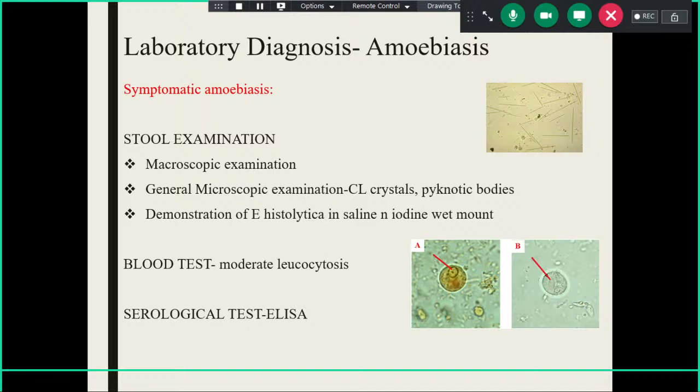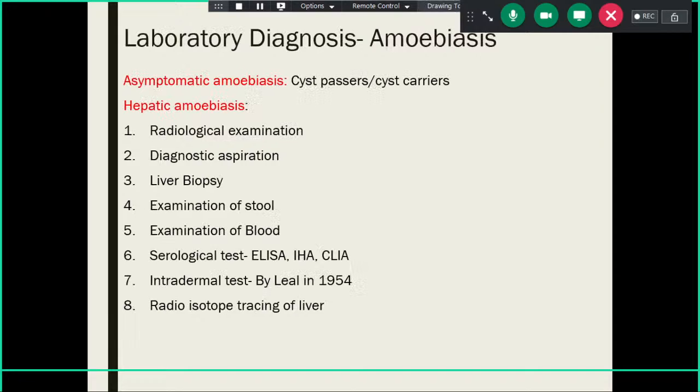There needs to be multiple correlation radiologically, clinically, and even many times what they do, metronidazole being a relatively safer drug, relatively means it is a safe drug, they give a dose of metronidazole just to rule out other pathogen.